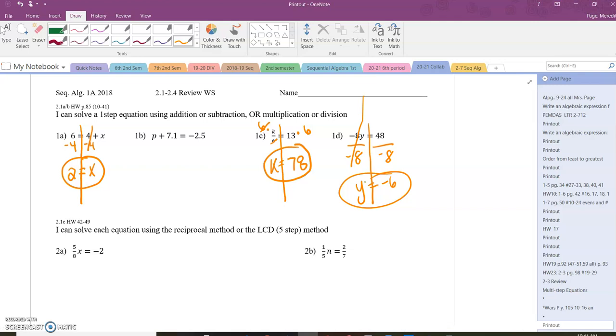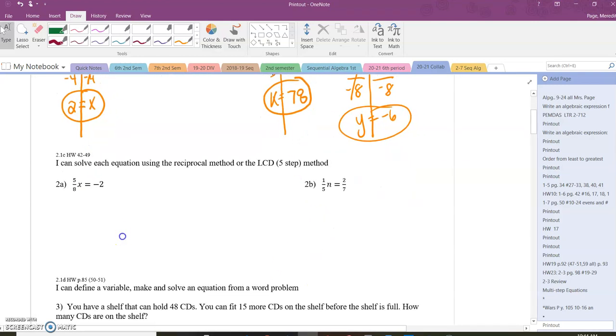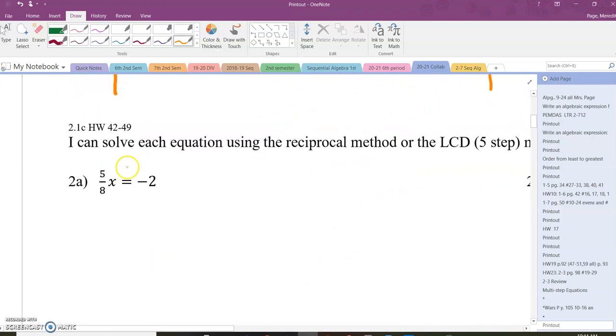Let's take a look at 2A. First, draw my line down the equal sign. Now this says 5/8 times x equals negative 2. So when you have a fraction as your coefficient, or your number in front of the variable, you can multiply both sides by the reciprocal in order to clear the fraction.